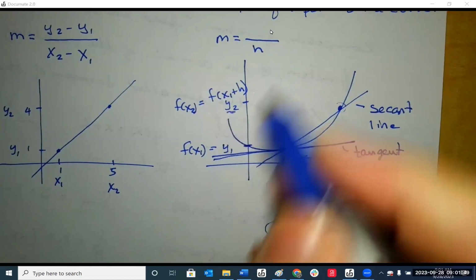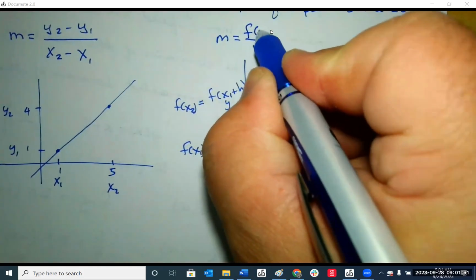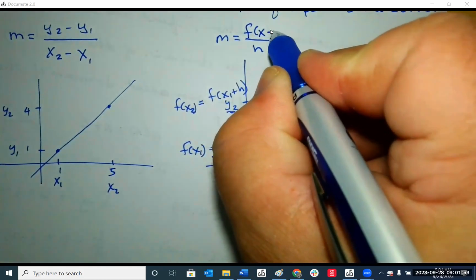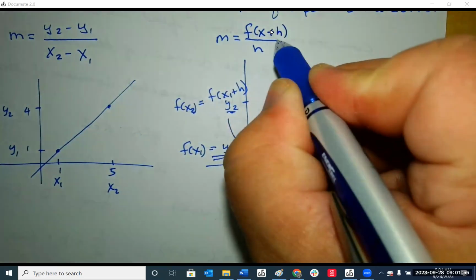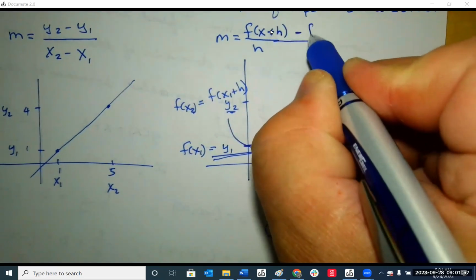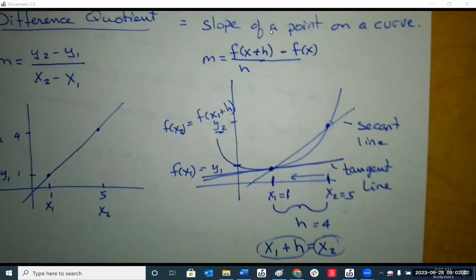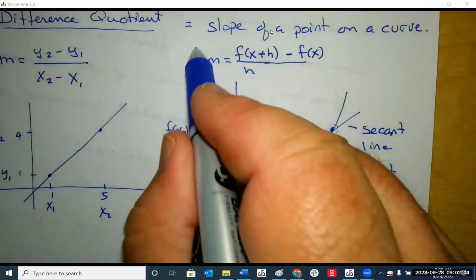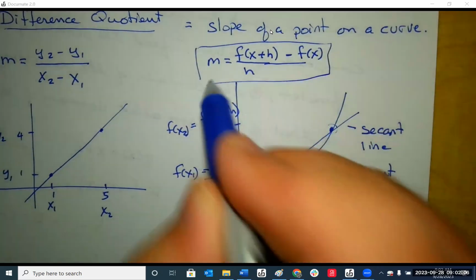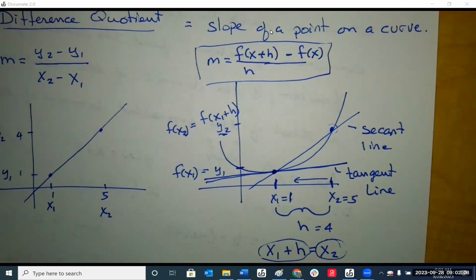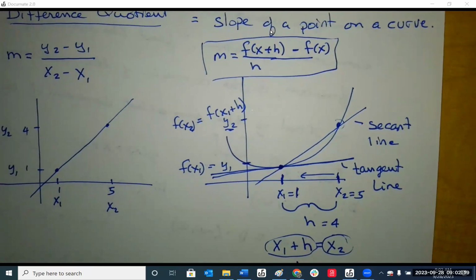So y2 minus y1 is f of x plus h minus f of x. I don't have to put the 1 in there because that's the only point we have. So there is our difference quotient right there. I just showed you where it came from.